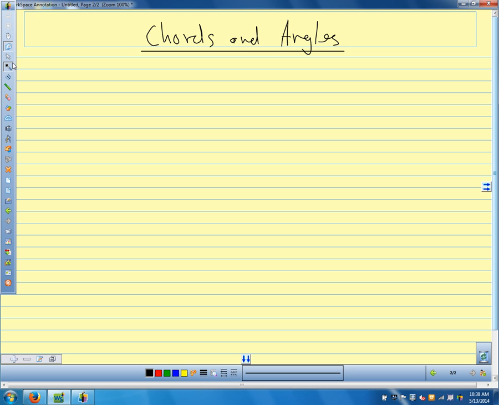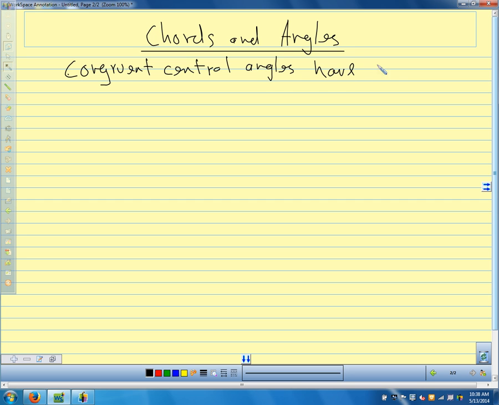If the chords are congruent, the angles are congruent. So I'm going to say congruent central angles have congruent chords. And congruent chords have congruent central angles. So the converse is true.